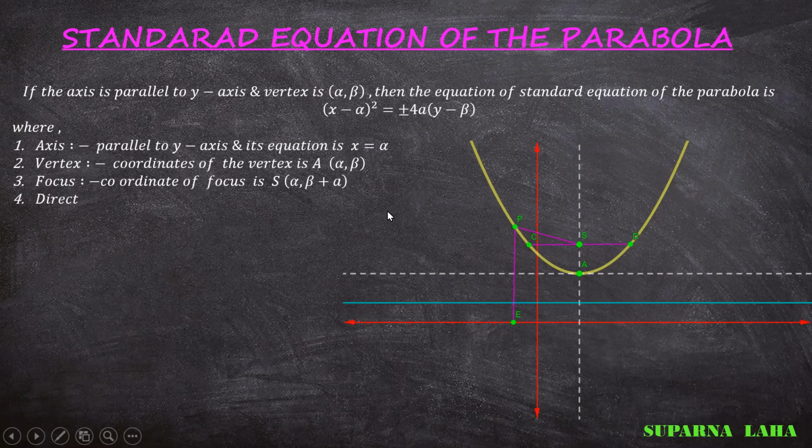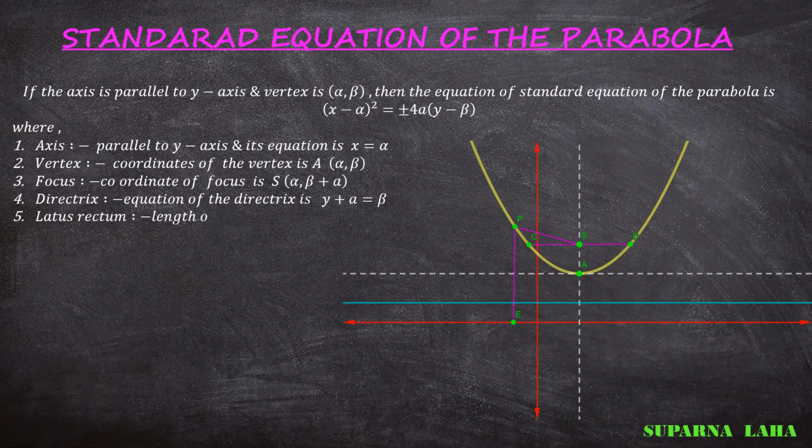Next, the equation of the directrix is y plus a equals beta, and the length of the latus rectum is 4a units.